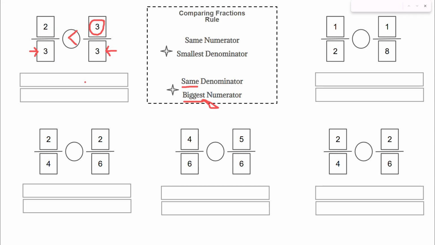And we can prove it using our fraction bars down here. If we cut both of them into thirds because they both have thirds. And again, it doesn't have to be perfect, but they are both the same with thirds as their whole. So this one, I got 2, this one, and this one.